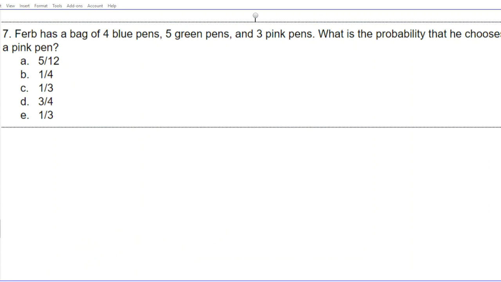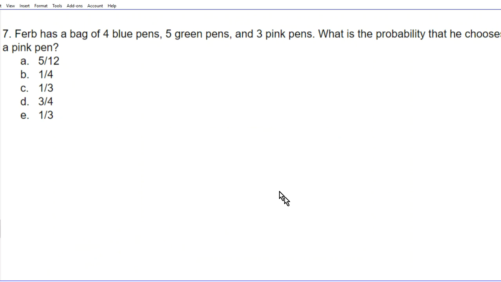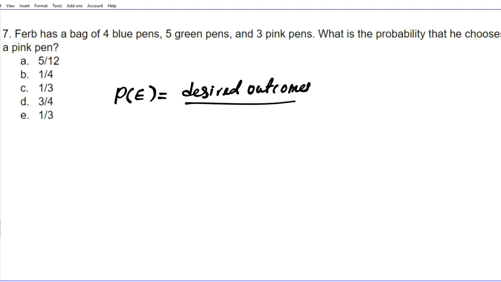Number 7 reads, Ferb has a bag of 4 blue pens, 5 green pens, and 3 pink pens. What is the probability that he chooses a pink pen? So probability of an event is desired outcomes divided by the total number of outcomes, okay?